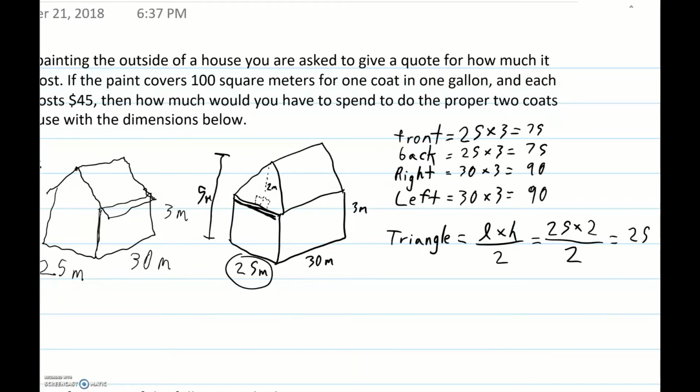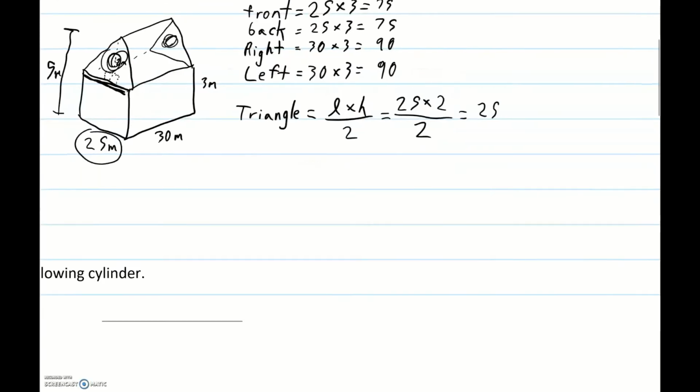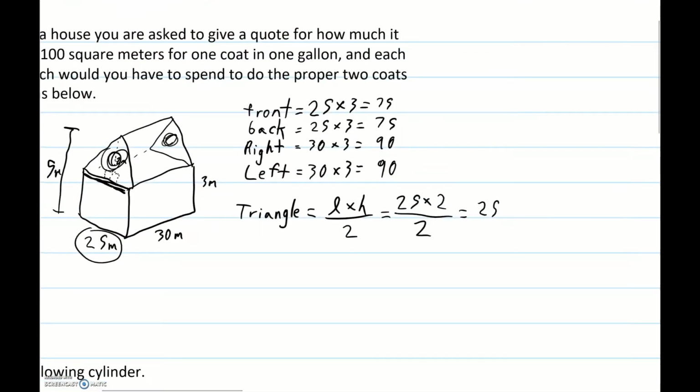Again, 25, but we have 2 of those triangles. We have one on this side, and we have one on this other side. So we have double that. And so when we're adding it all together to find the surface area of the entire house, we're going to add all of our numbers together. 75 plus 75 plus 90 plus 90 plus our two triangles, 25 plus 25.